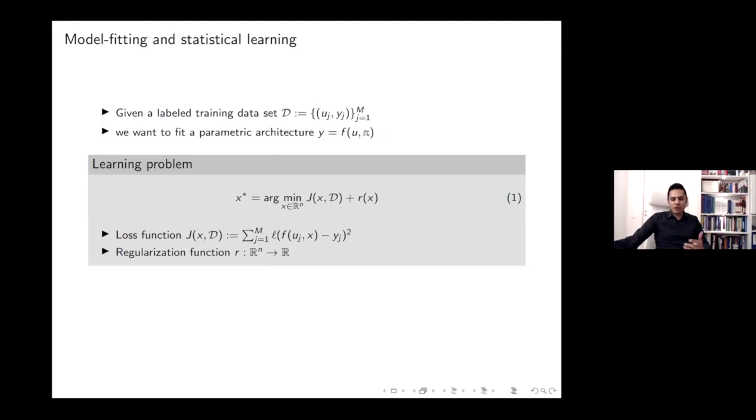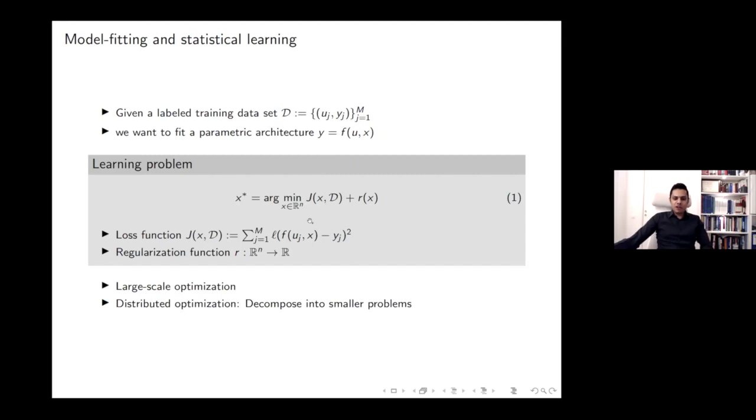This could be, for example, a neural network, or it could also be a given functional form that you have. The idea of the learning problem here is to minimize some kind of loss function, and you may also have some regularization term, in order to find the best parameters that would give a very good predictive capability of this parametric function.